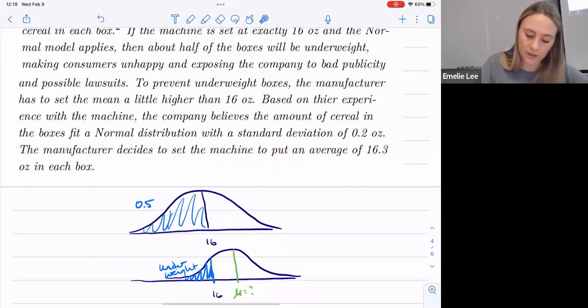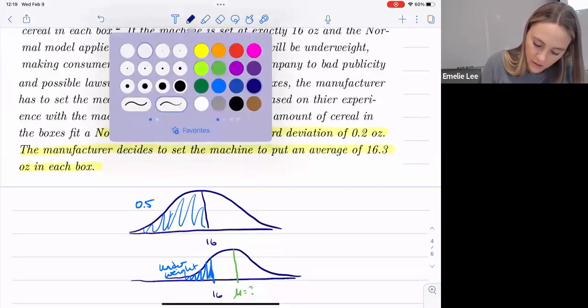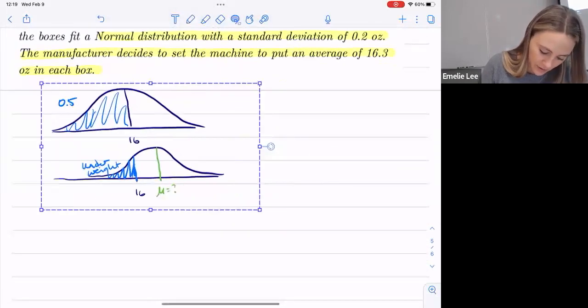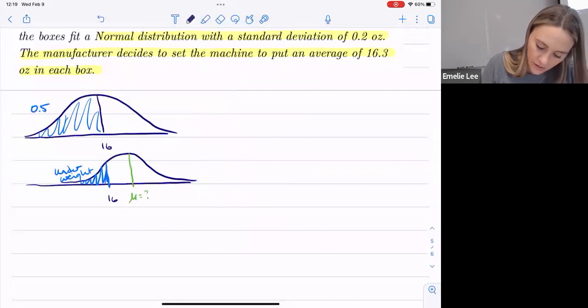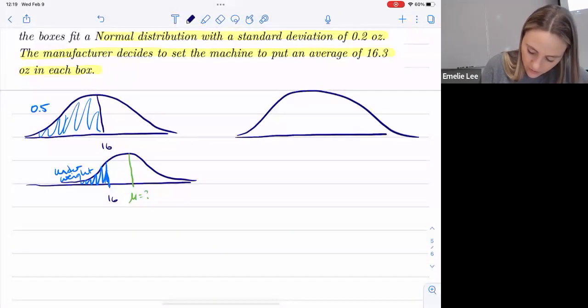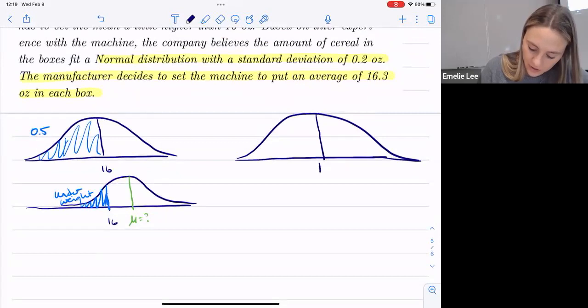So what does our distribution look like? From there, we have a normal distribution, because it says centered on 16.3.